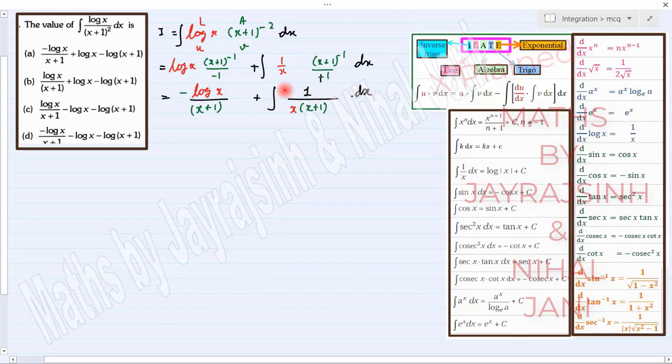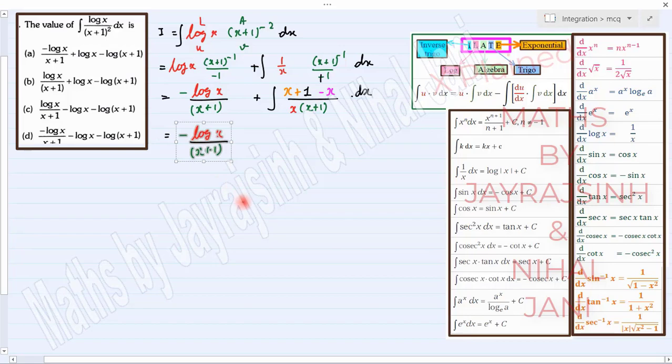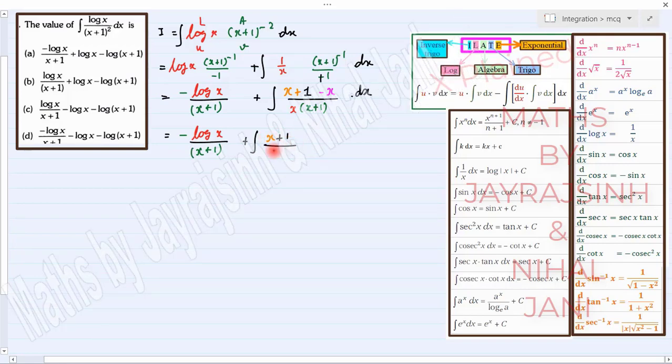Now to integrate the second term, let's add and remove x. Your first term will be as it is, and give individual denominators. So we will get (x plus 1) upon x into (x plus 1) minus x upon x into (x plus 1) dx.